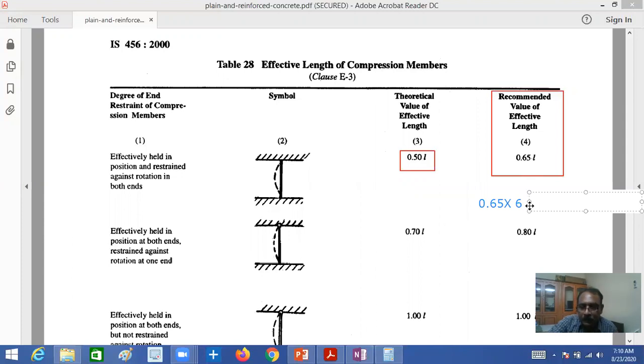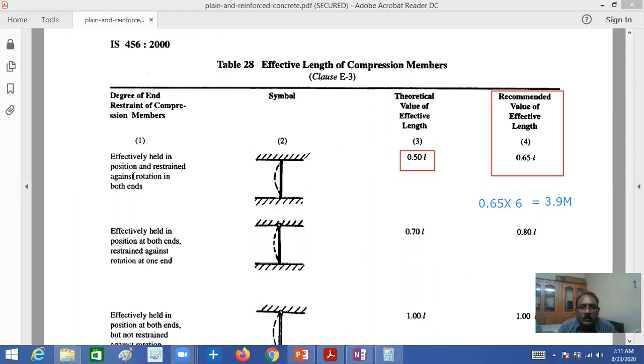Theoretically you got only 3 meters, but here you got 3.9 meters. This is the difference between theoretical and recommended value. The recommended value will always be more than the theoretical value, for the safer side of design. This is given by IS 456 codal provisions Table 28.